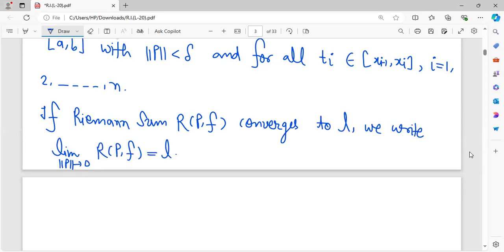Once the Riemann sum converges to L, we write this convergence as the limit as norm of P tends to 0 of R(P, f) equals L.